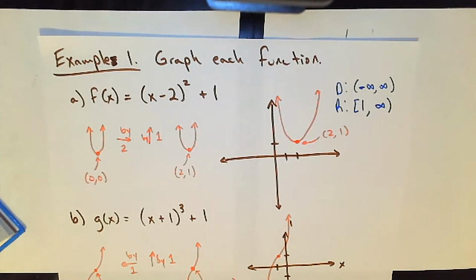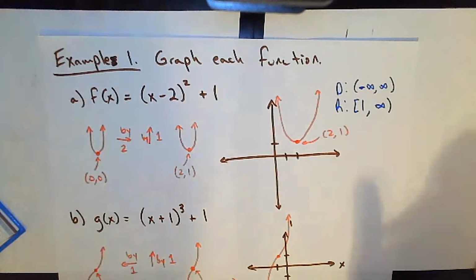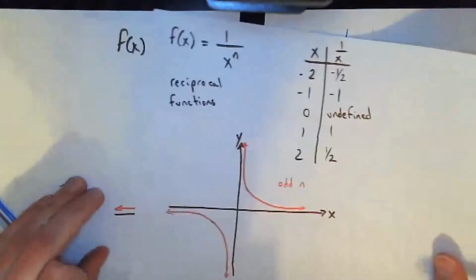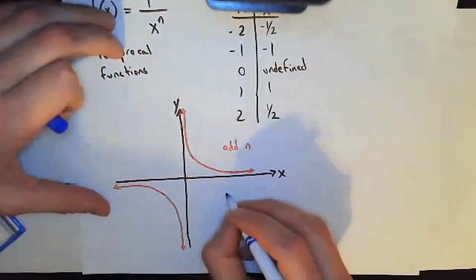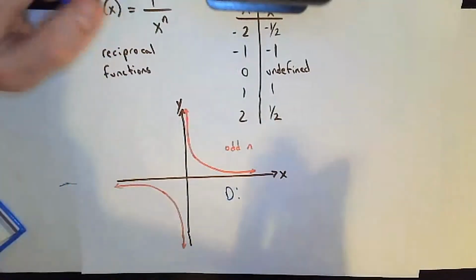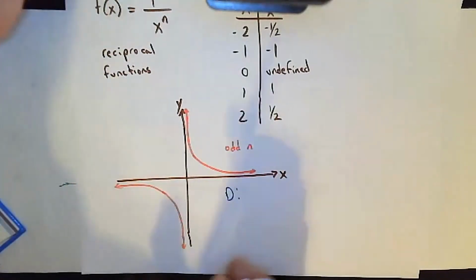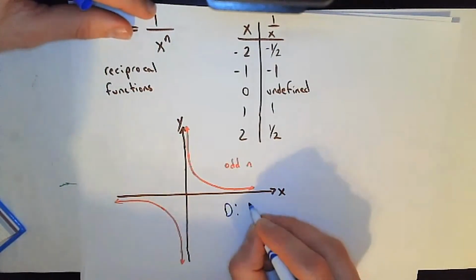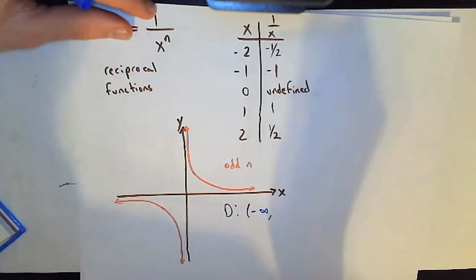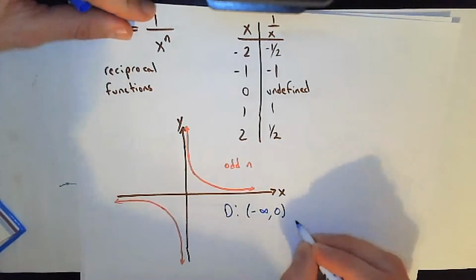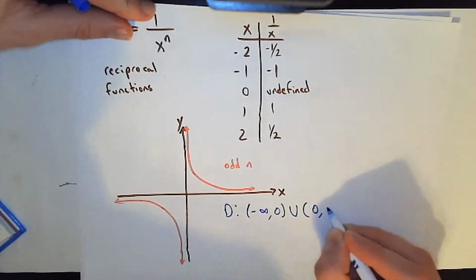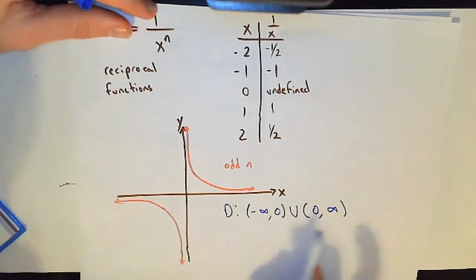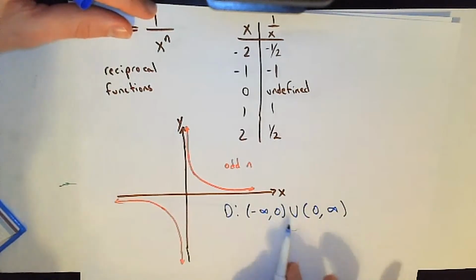Also, all the way back to the reciprocal functions. What is the domain and range of these functions? Well, the domain is the set of x values that are allowed, and I'm not allowed to plug a 0 into this function. So remember, when we talk about popping a hole in the domain, you have to write it in this way where you don't include that number, using two open intervals and taking the union of them.